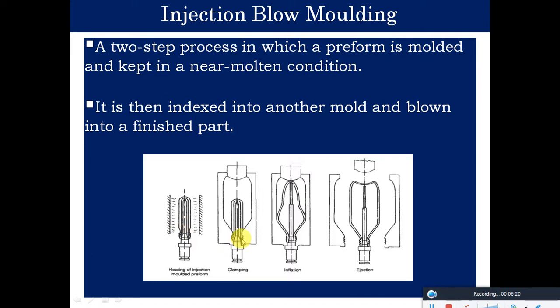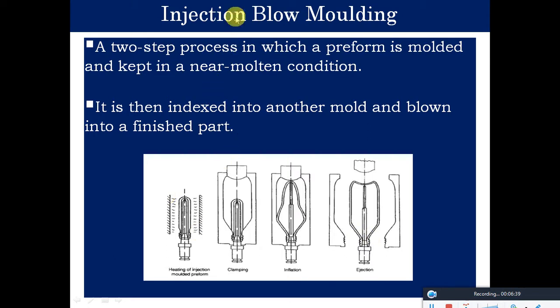Then after that, this has to be clamped inside the mold, and as we did in extrusion blow molding, the gas is inflated inside this preform, and it is allowed to take the shape of that particular mold. After that, it can be cooled and ejected.